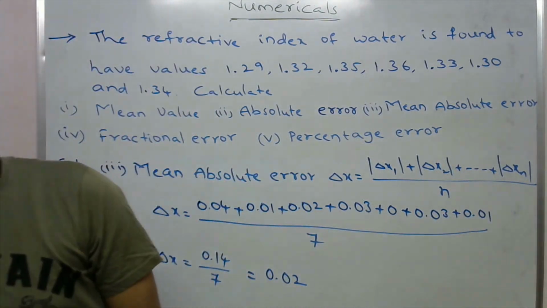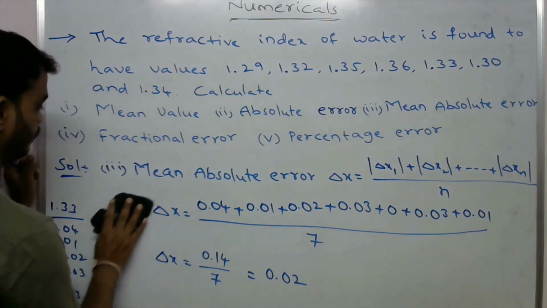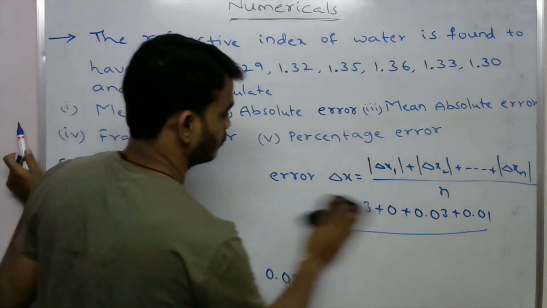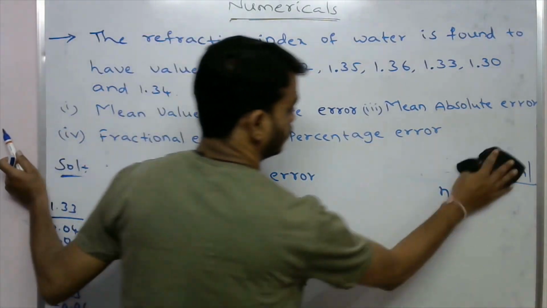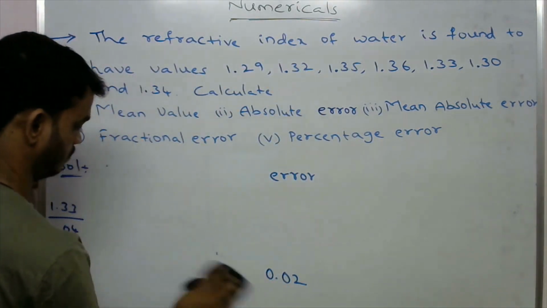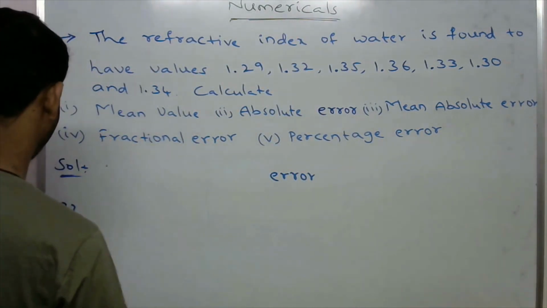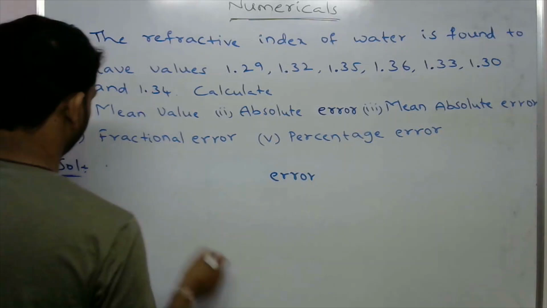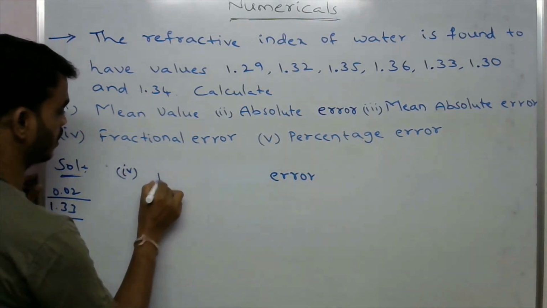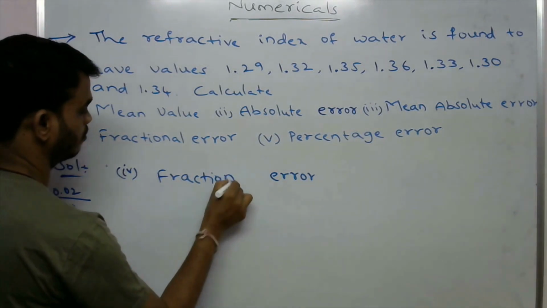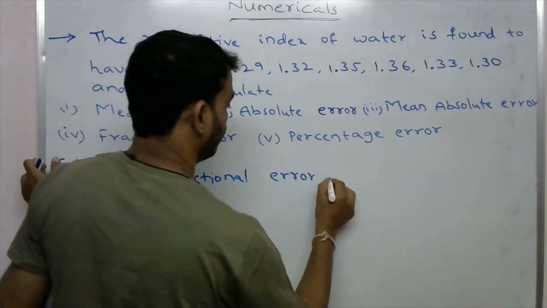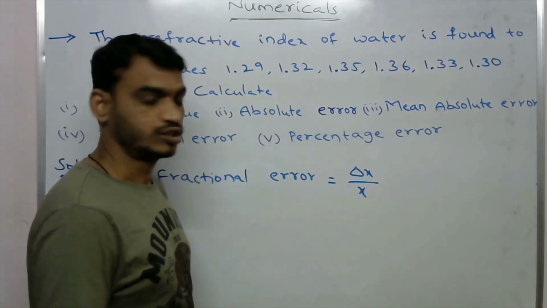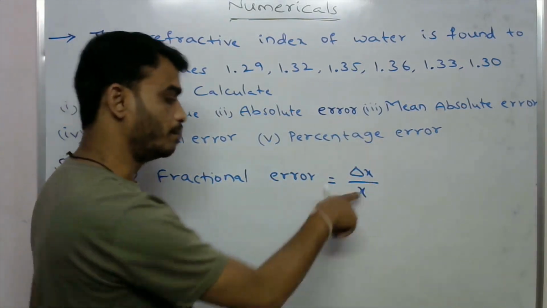Okay, so the fractional error means delta x by x. So what is the delta x? Mean absolute error by mean value.